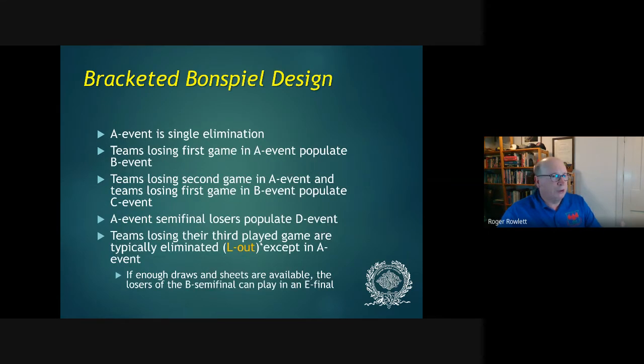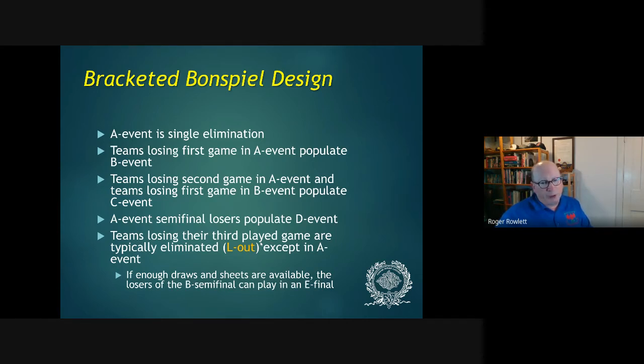So this slide's actually just a summary of what I just said. The A event is single elimination, leading to a unique winner. And then the other events get populated as teams lose in various parts of the competition. Teams that lose their third played game are typically eliminated, except for that bronze medal game, which is the A event semifinal losers typically play an additional game to determine third place.